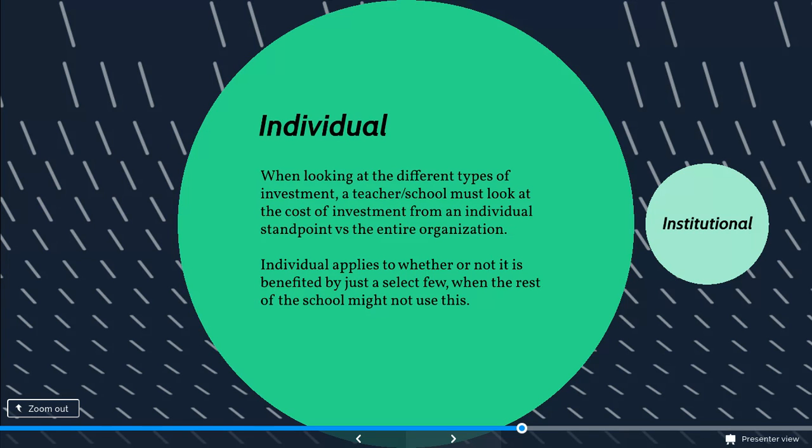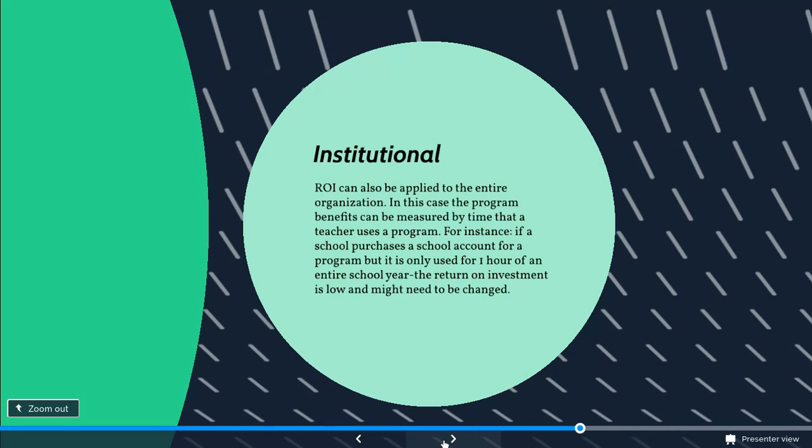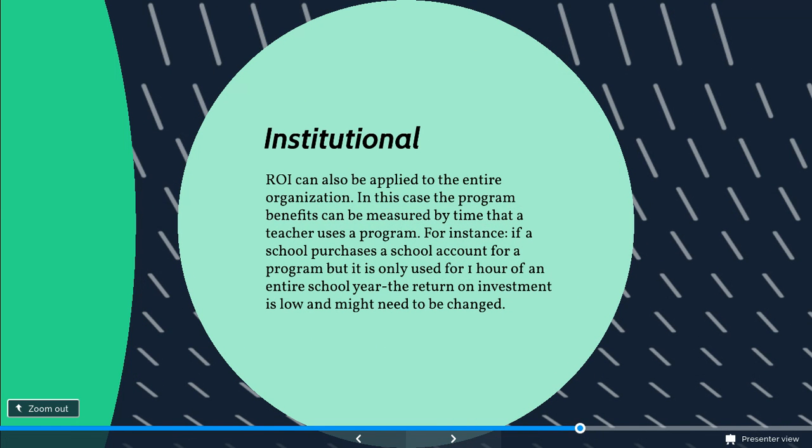There needs to be that tangible focus when it comes to figuring out what the return of investment is and whether or not the return of investment is prudent. So the biggest thing to focus on is that I part of this: is the investment worthwhile or is it not worthwhile? It can also be used in the institutional sense, meaning you can apply ROI to an entire program.